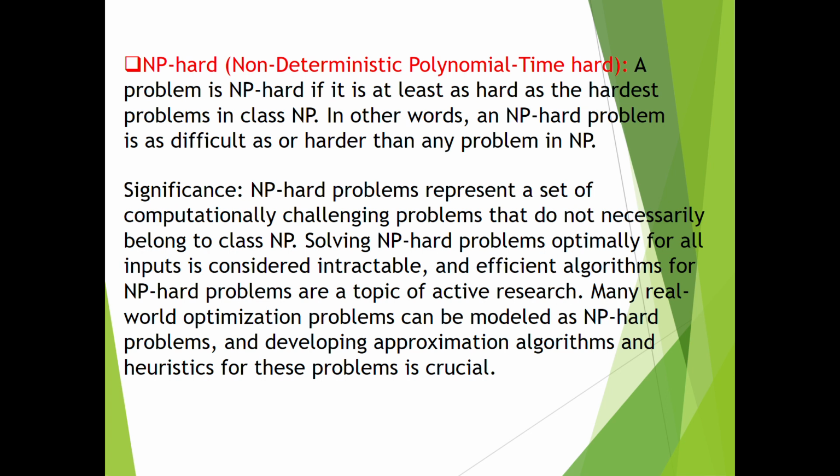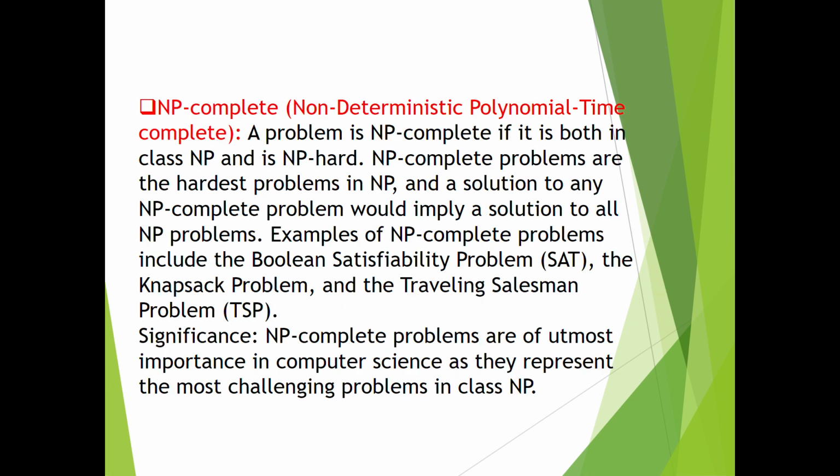In other words, an NP hard problem is as difficult as or harder than any problem in NP. NP complete problem: a problem is NP complete if it is both in class NP and is NP hard. NP complete problems are the hardest problems in NP, and a solution to any NP complete problem would imply a solution to all NP problems.